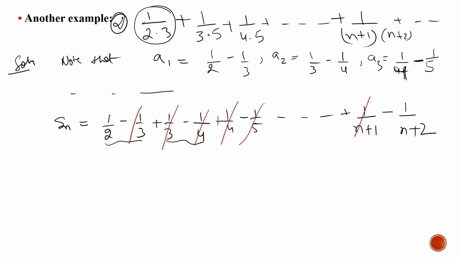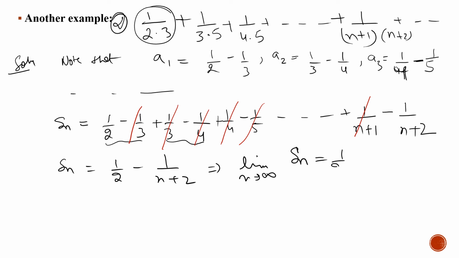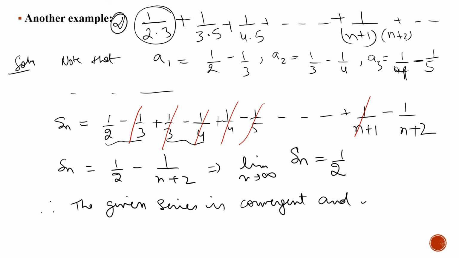All the terms will be cancelled and we will be left with the first and the last term. If we take the limit, we are getting half. Therefore the given series is convergent and its sum is equal to half.